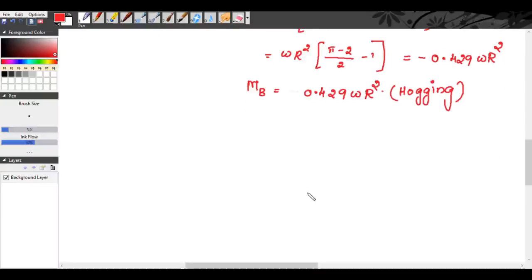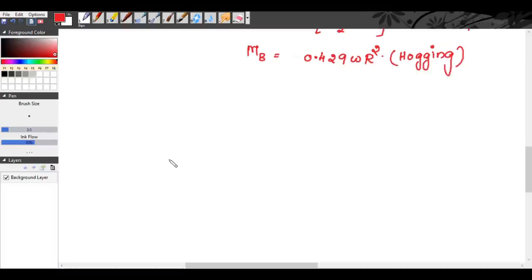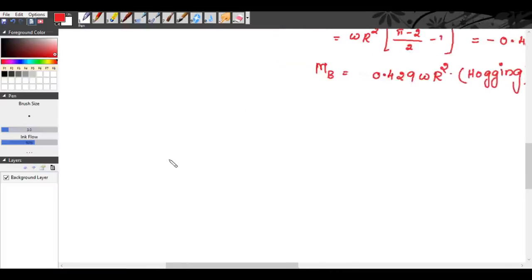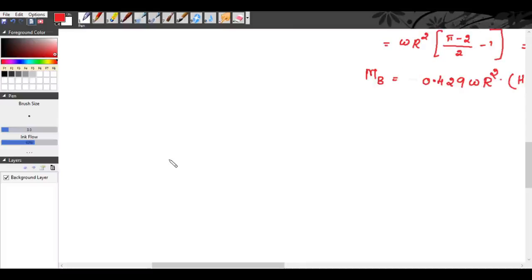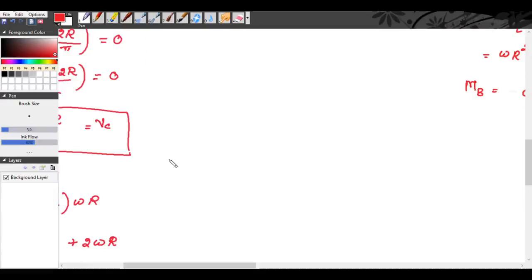Okay, we will draw the bending moment diagram here. So this is A. This is our semicircle, right?